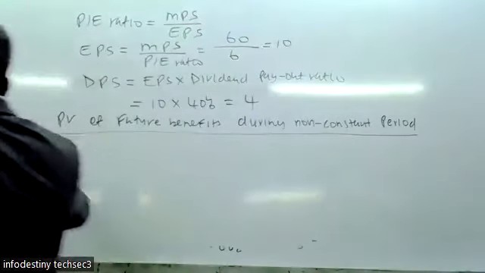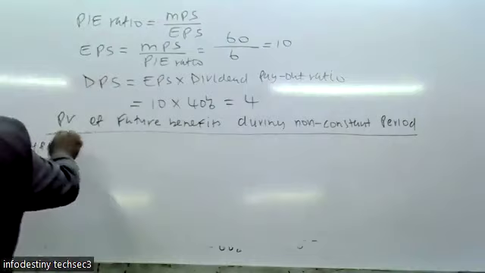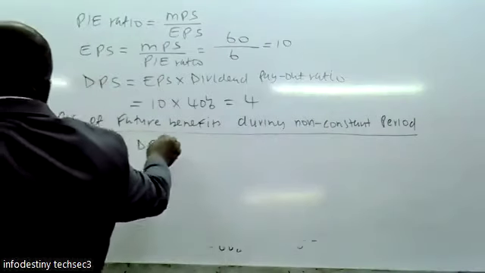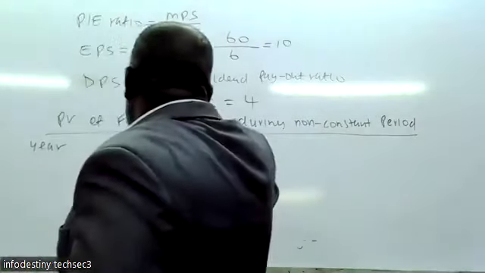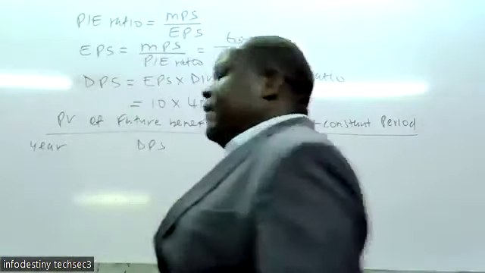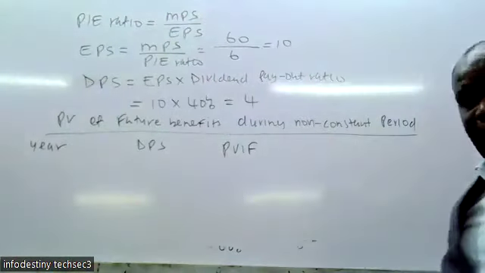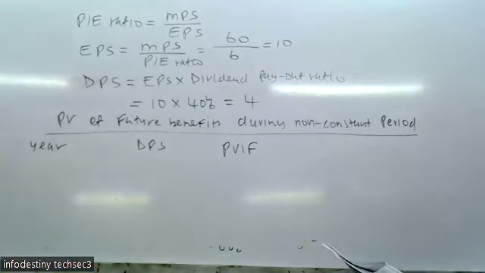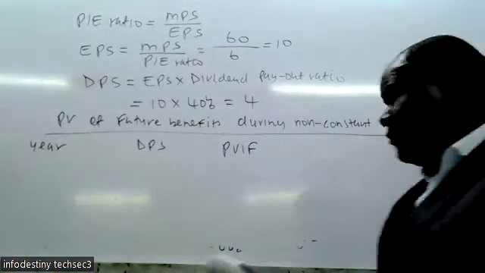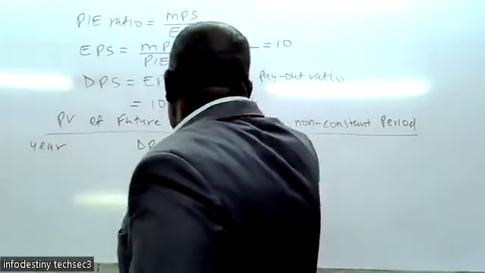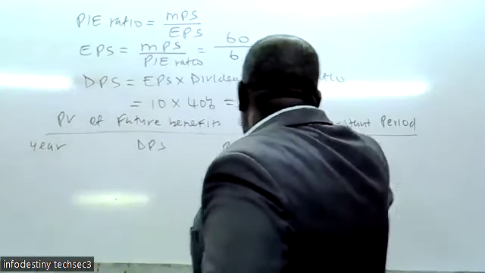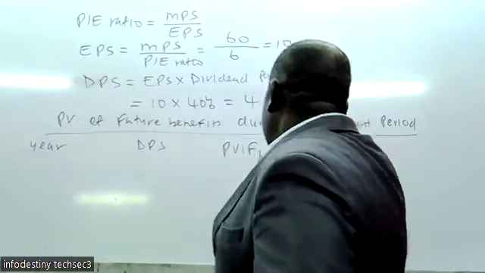So you will be having the year, dividend per share, present value interest factor. The question gave you the cost of capital as 12%, and then the present value.